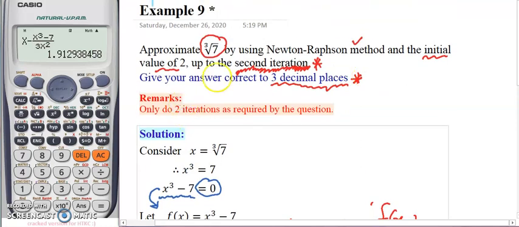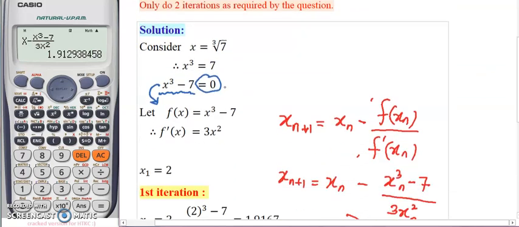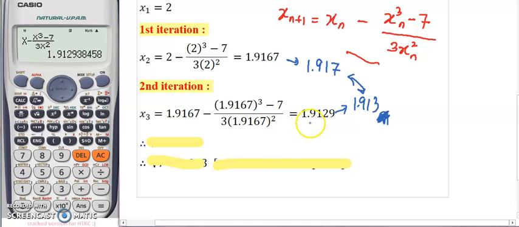They just want us to go up to the second iteration. So we stop at the second iteration and use the result of the second iteration, which is x3, rounded off to 3 decimal places for the answer. From there, you find x equals 1.913.